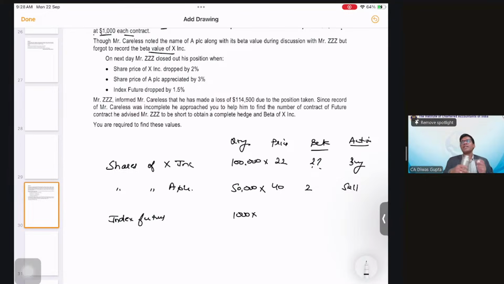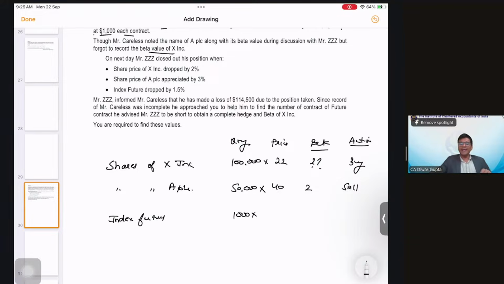What is the beta? First of all, what is the meaning of beta, students? Just think through what is the meaning of beta. Risk of market, with a risk free.